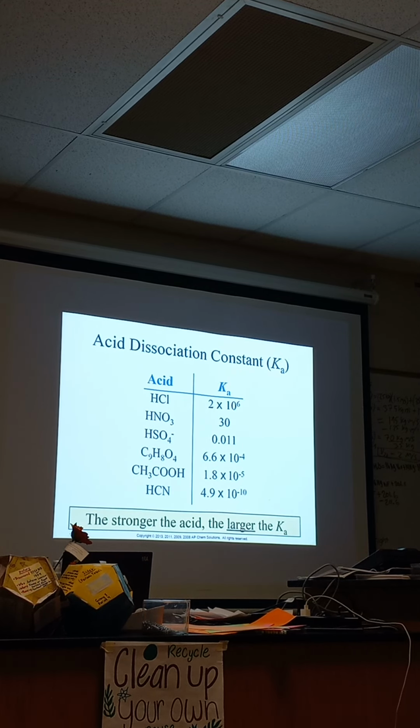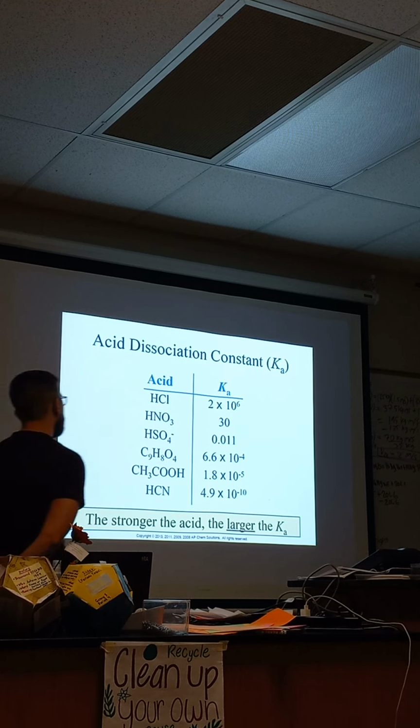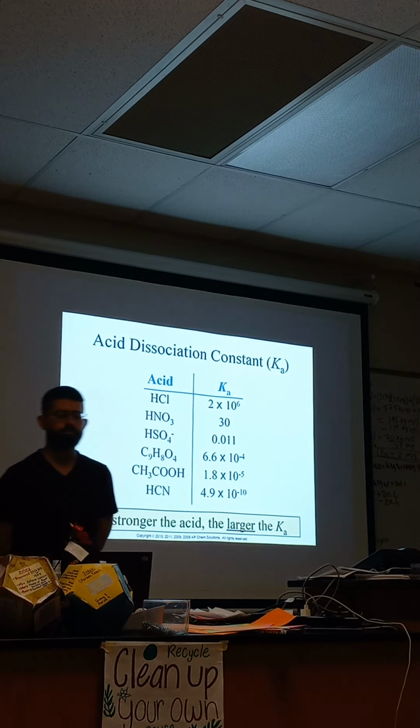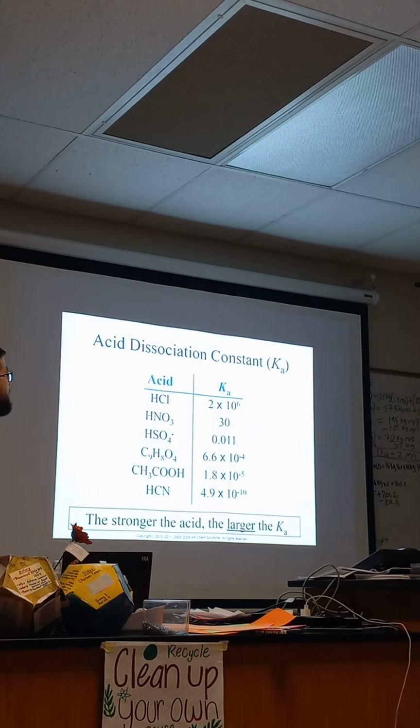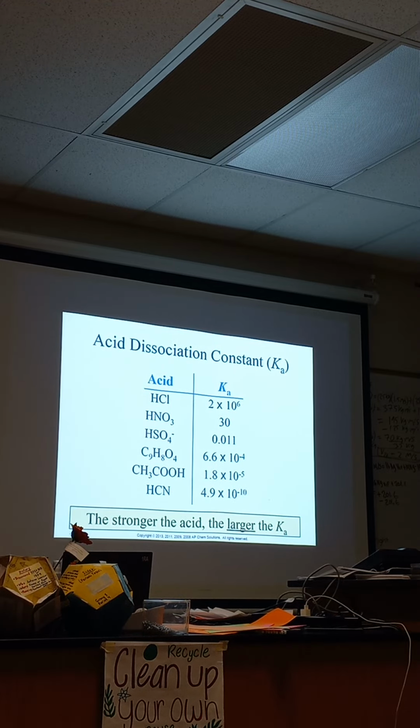So let's examine some Kas from various acids. Guys, did we agree? Is HCl strong? Yeah. Does it make sense that its Ka is 10 to the 6th power? Okay. Well, HCl has proven itself. HNO3 is a little bit surprising in that its Ka is quote unquote only 30.